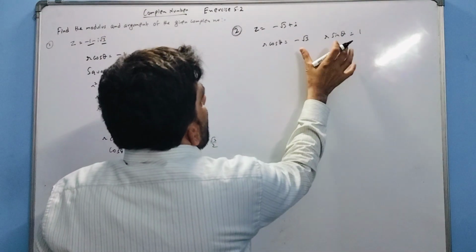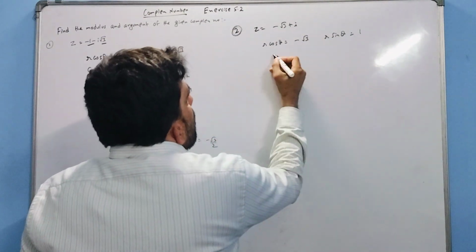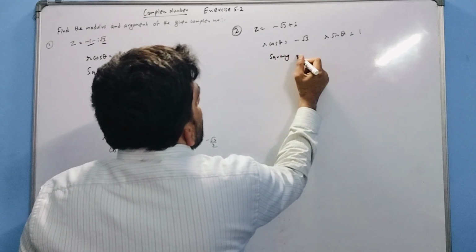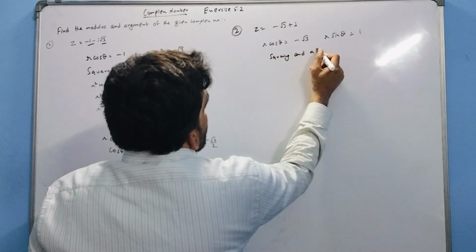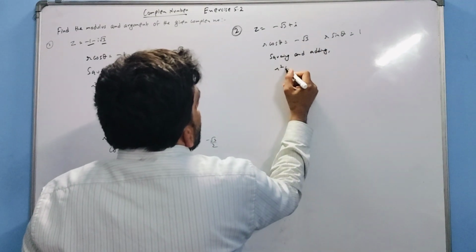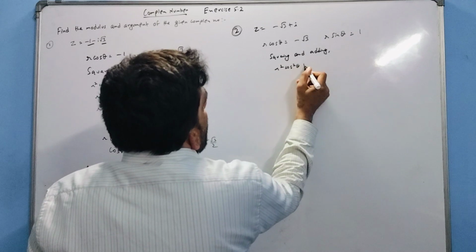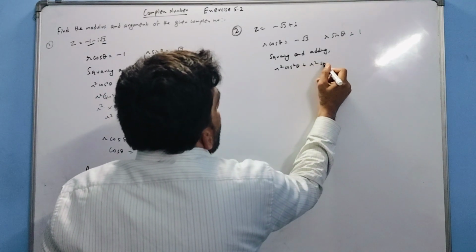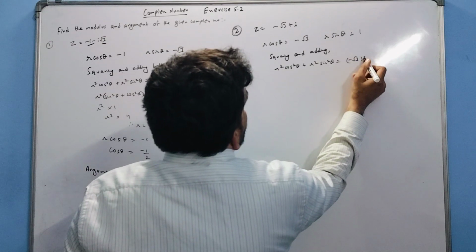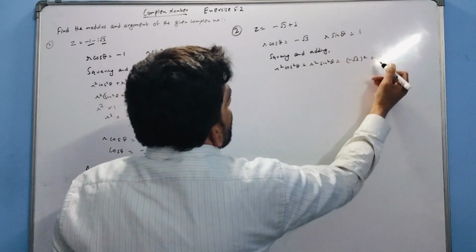Now we will square and add. So let us see what happens. r square cos square theta plus r square sin square theta is equal to (minus root 3) whole square plus 1 whole square.